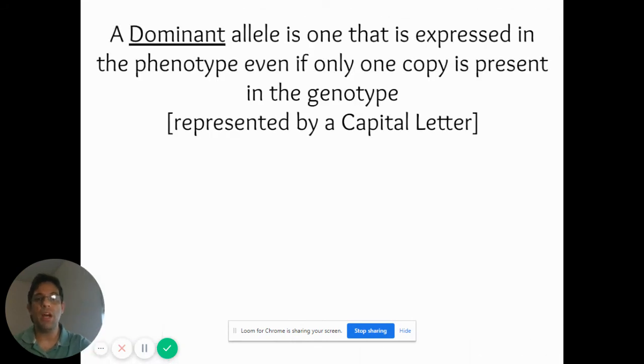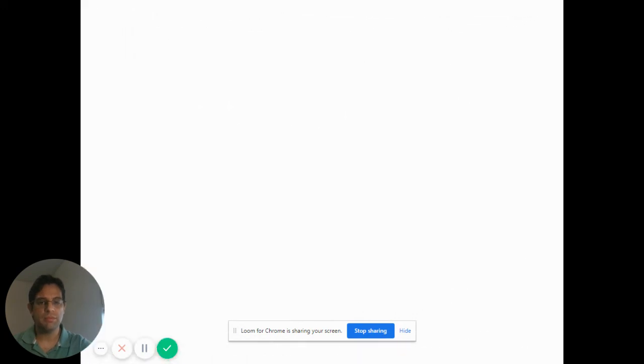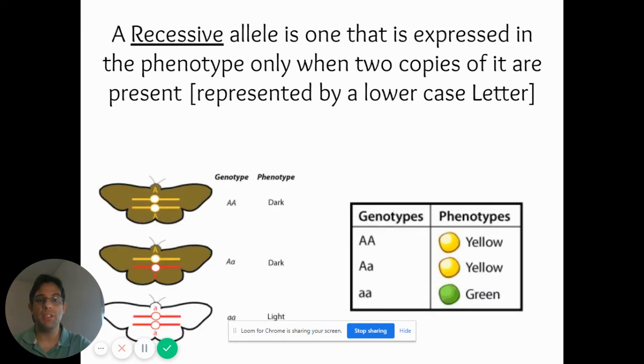As a definition, the dominant allele is one that is expressed in the phenotype even if only one copy is present in the genotype, and is also represented by a capital letter. On the other side, a recessive allele is one that is expressed in the phenotype only when two copies of it are present, represented by a lowercase letter.